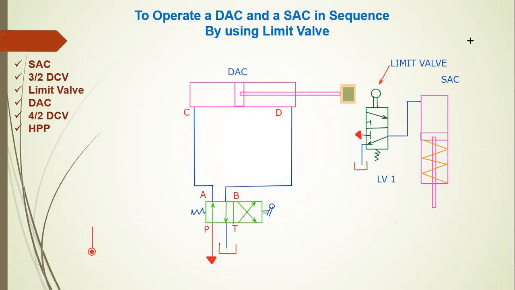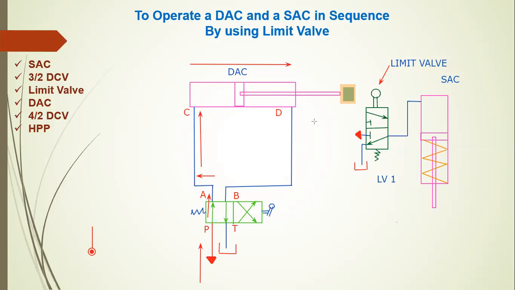Let's view how it works. First, the oil passes from the hydraulic power pack to the direction control valve, to the hydraulic line, to the double acting cylinder. At this time, the piston moves in the left hand side direction.